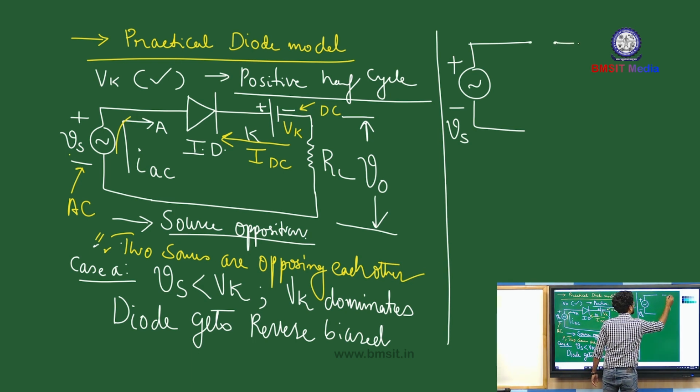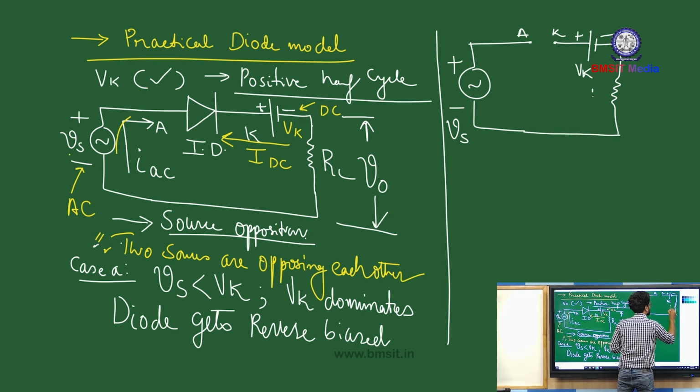So what do you mean by reverse biasing mode? No conduction. So there is an open circuit situation between the anode and cathode terminal, and this is your Vk, plus minus Vk, and this is your load resistor RL, and this is your V0, minus and plus terminal.